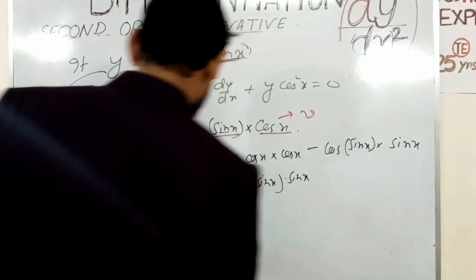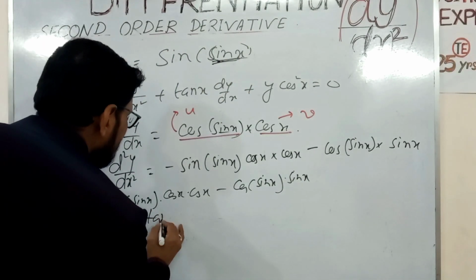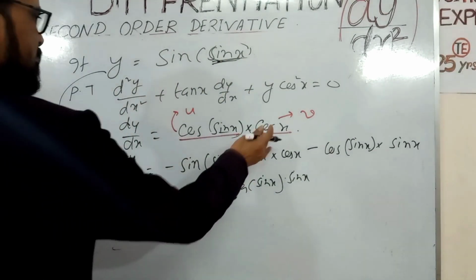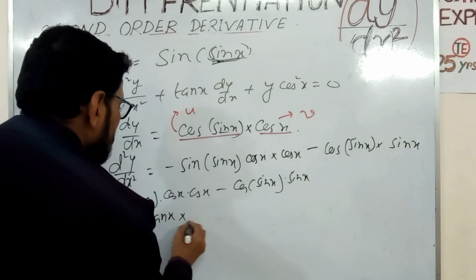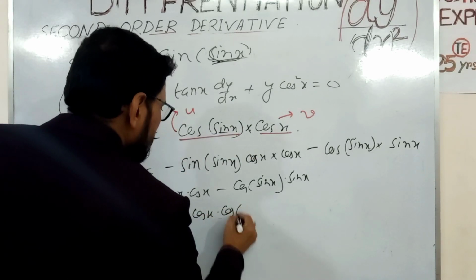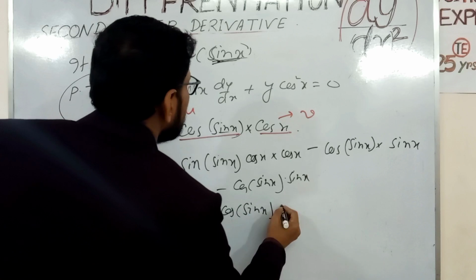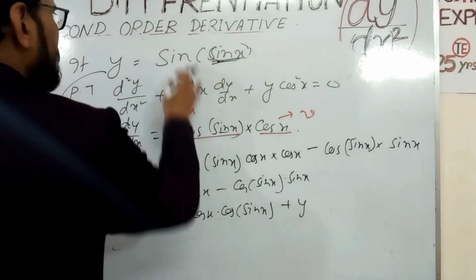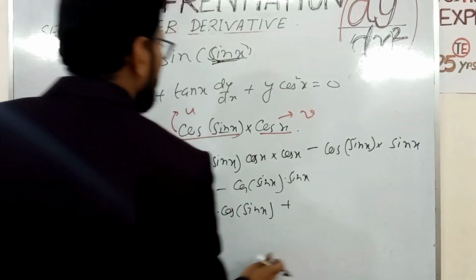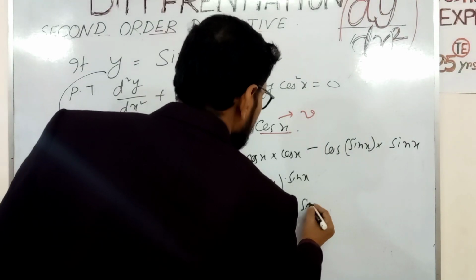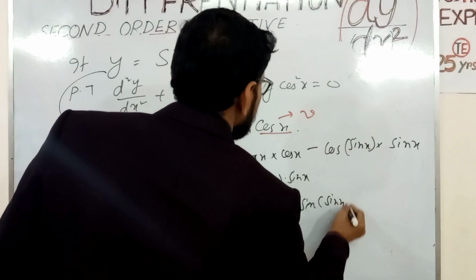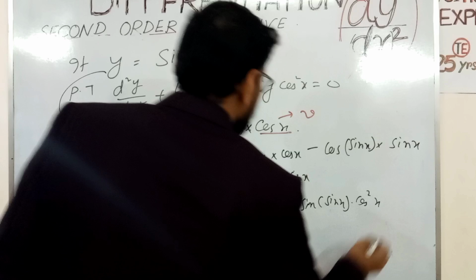Plus tan x into dy by dx. What is dy by dx? This, tan x into cos of sin x, plus y. What is y? y equal to sin of sin x into cos square x.